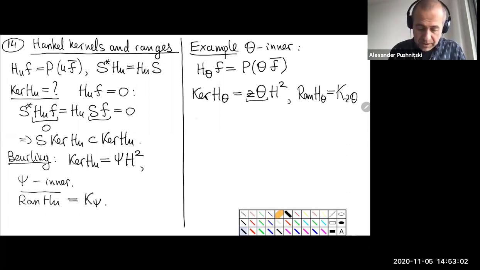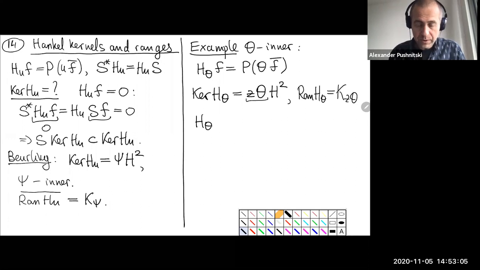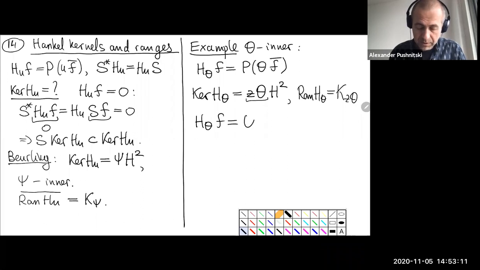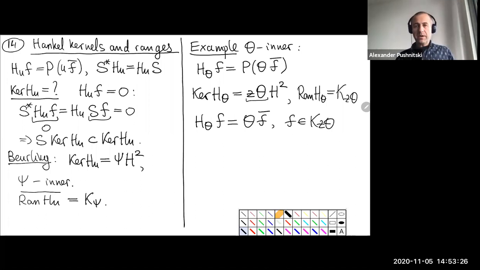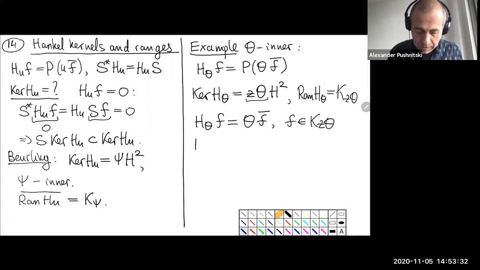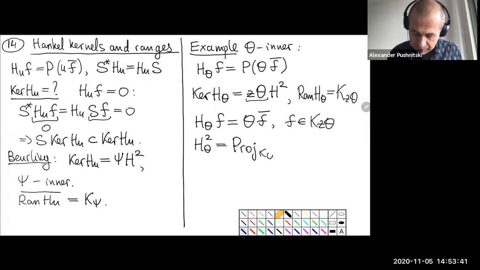And H theta acts precisely as an antilinear involution on this K z theta. So H theta f is theta f bar when f is in this subspace. So in this simple case, our Hankel operator is just an antilinear involution on this model space. So in particular, its square is just the projection onto this model space K z theta.